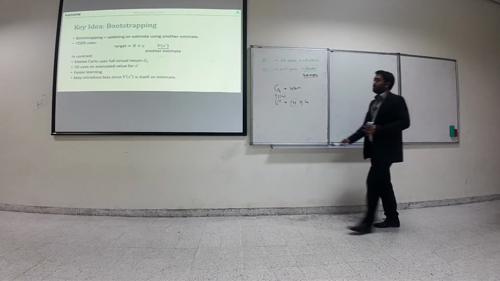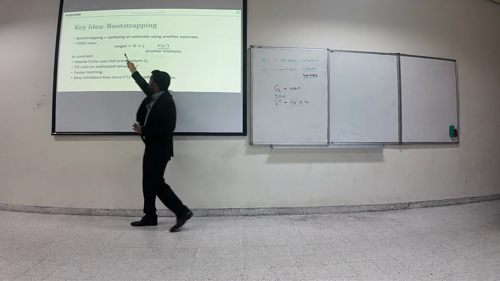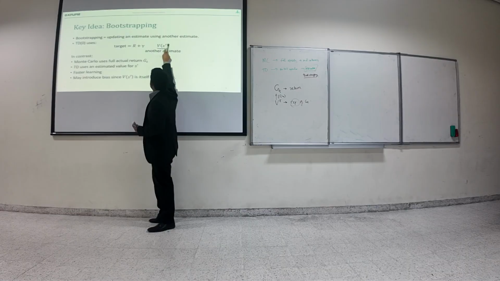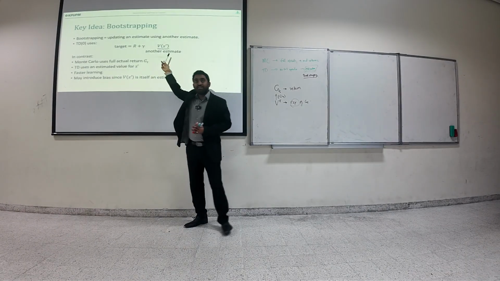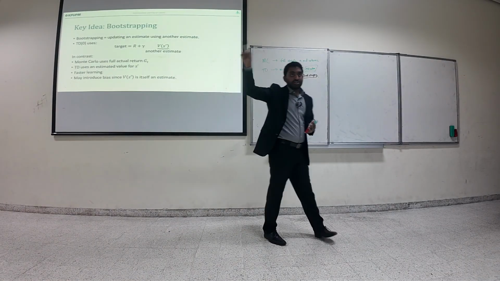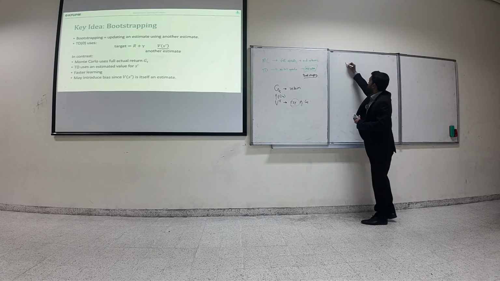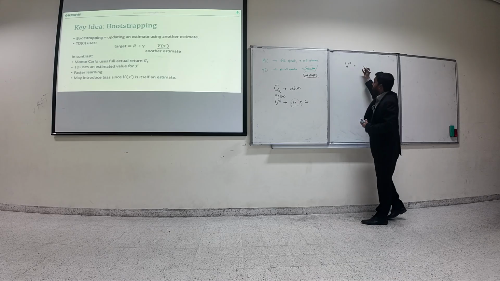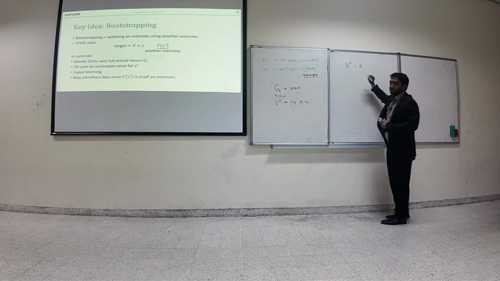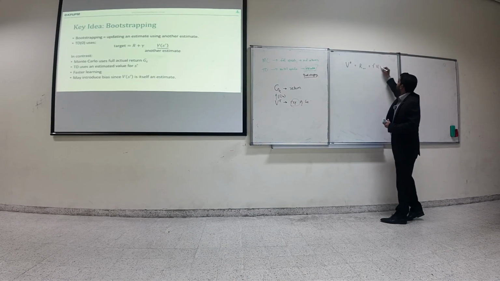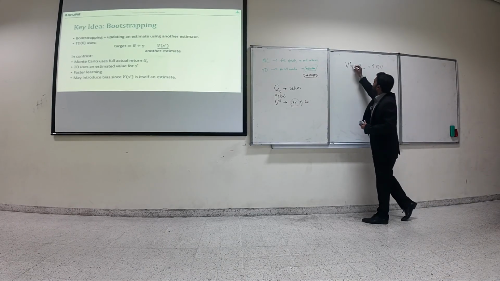So here, your target value function is itself dependent on, or a function of, another estimate, which is the value function of the next state, right? So what you do in TD learning is you take your V pi to be the reward that you get for taking that action plus the discounted future value of the next state.